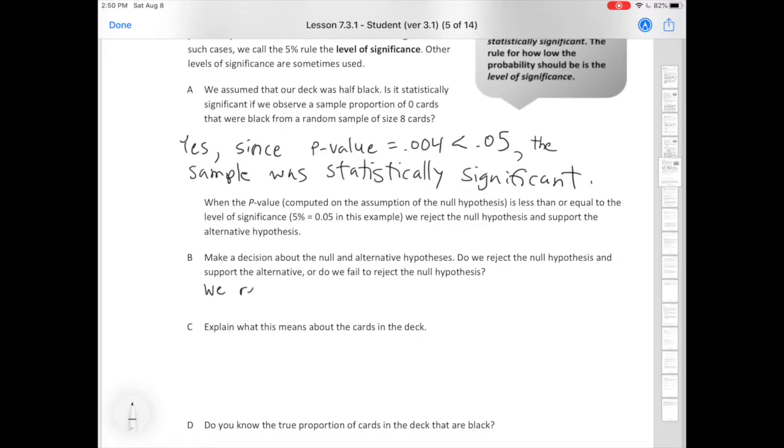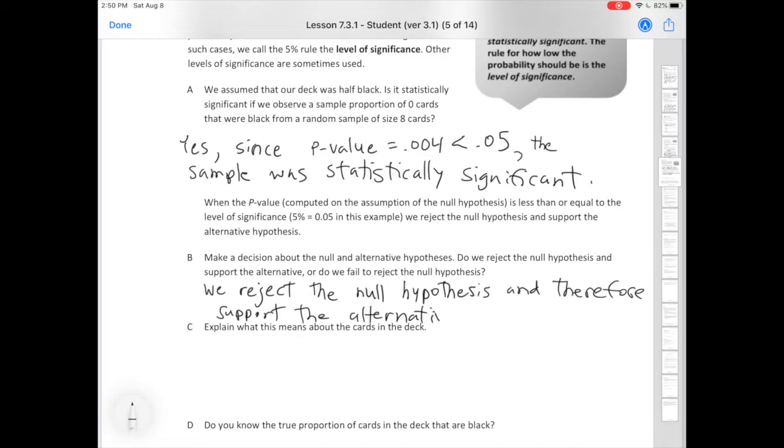So we reject the null hypothesis and therefore support the alternative hypothesis. Okay, so we reject the null and support the alternative.